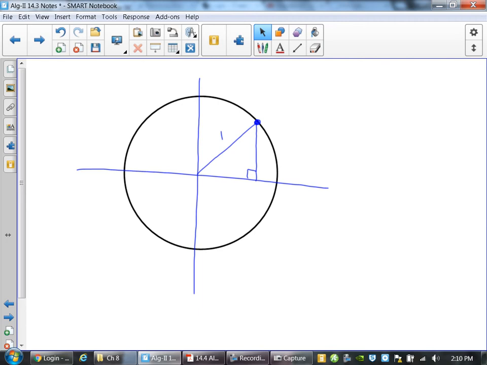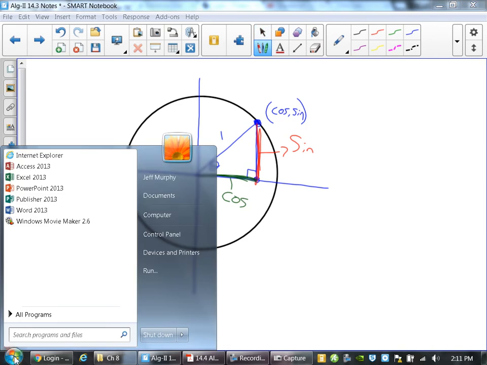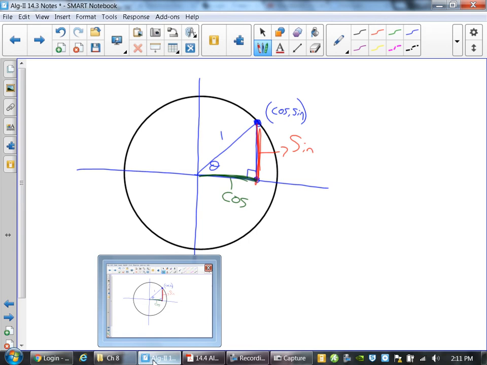If I place a theta value at the origin, this is my opposite, this is my adjacent. Are you okay with that? The distance of my opposite value from here to here was our what value? The y value, otherwise known as sine. We went cosine, sine. So this distance here was our sine value, whereas this distance here was our cosine value.